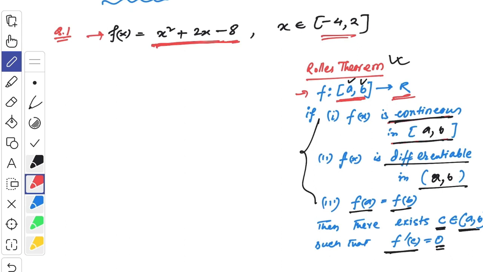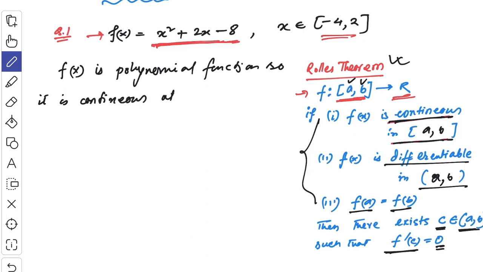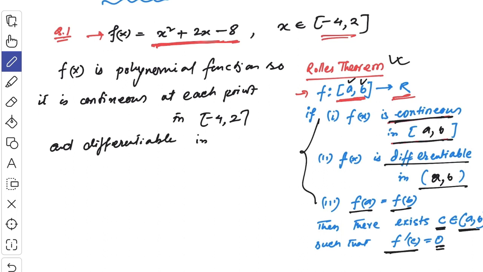So f(x) is a polynomial function, so it is continuous at each point in the closed interval -4 to 2 and differentiable in the open interval -4 to 2. Remember that.